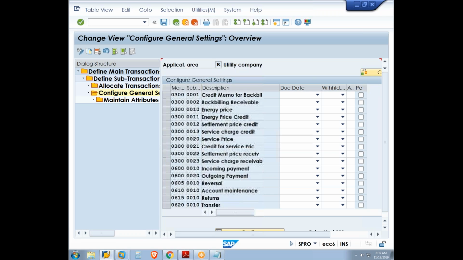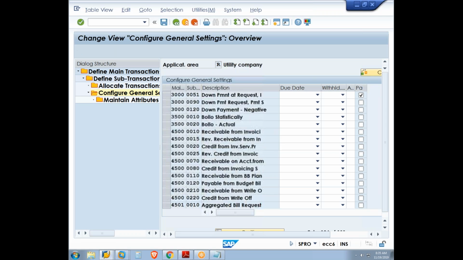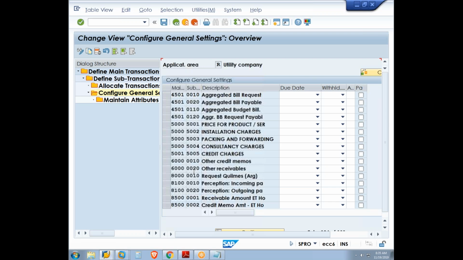Our main transactions here are 5000, 5001, 5002, 5003, 5004, 5005. That means unless you define the main transaction and sub transaction, you cannot come to this particular configuration, because you have to eventually assign to the company code. There must be data available for this main transaction and sub transaction. You cannot enter directly here. It has to come from the previous definition.